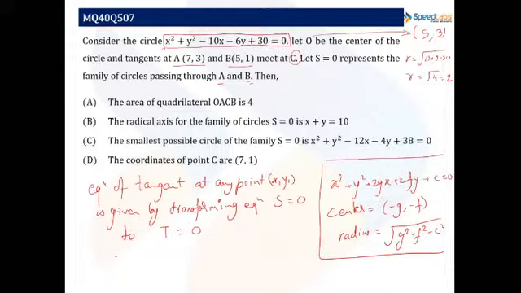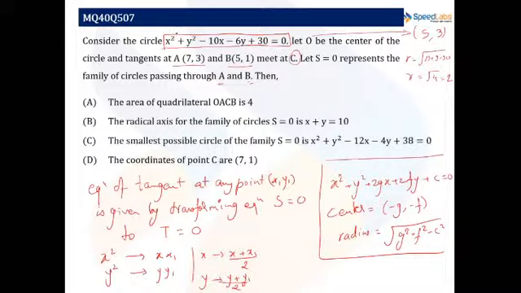How will you do the transformation? For a circle, we have only the terms consisting of x square, y square, x and y. So we'll replace x square by xx1, y square by yy1, x by (x plus x1) by 2 and y by (y plus y1) by 2.